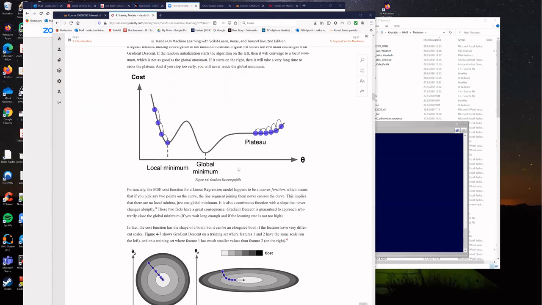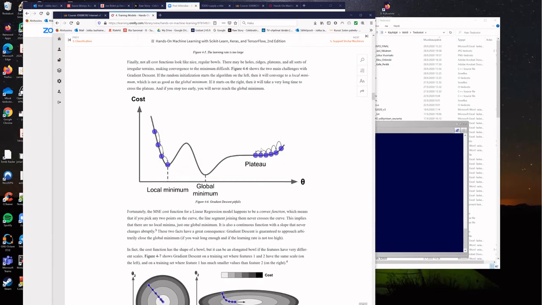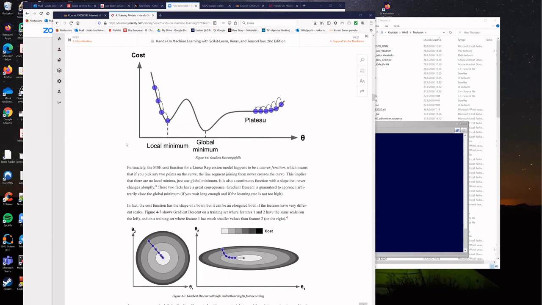In this case, if you happen to start the iteration from the right side, then it clearly finds the global minimum. Fortunately, if you have a linear regression model, meaning one line, you have only one minimum in this dataset, which is the constant plus the slope. And you always find it.